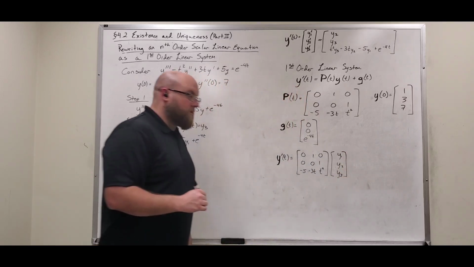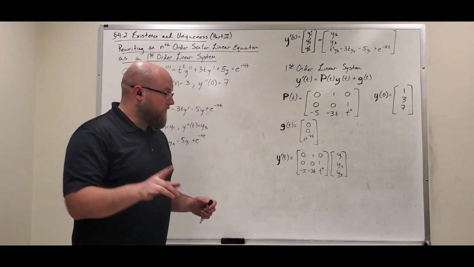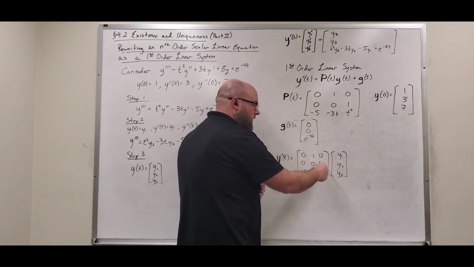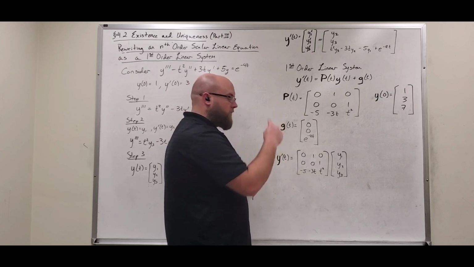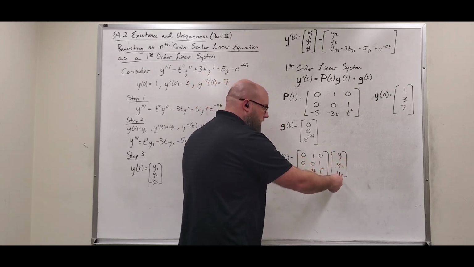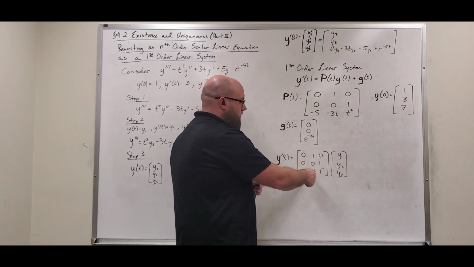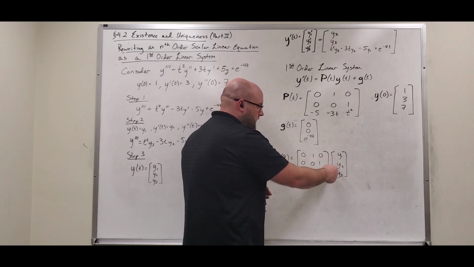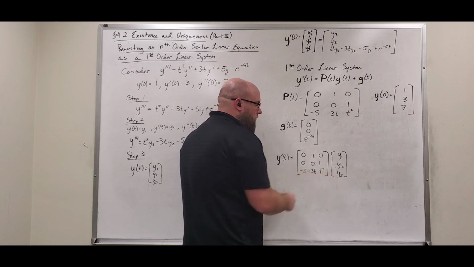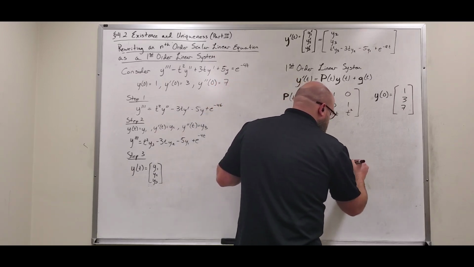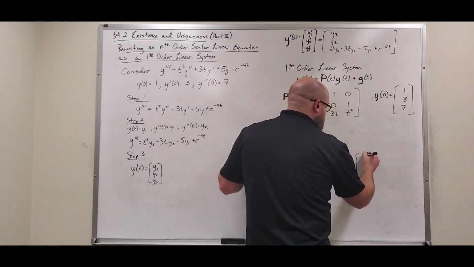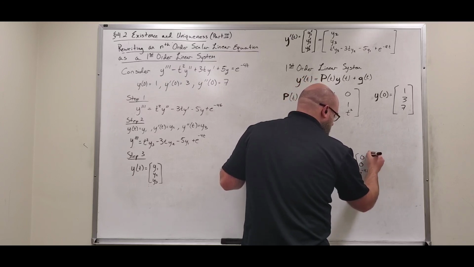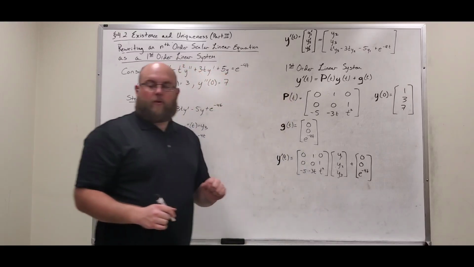Notice here that that's exactly what we want. So we have row times column, so we're going to get zeros for these guys times y2, so that gives our y2. Zeros for these guys, we get a y3, and then minus 5 y1, minus 3t y2, and t squared y3, plus g of t, which is this 0, 0, e to the negative 4t. So that's another way that we could represent it.